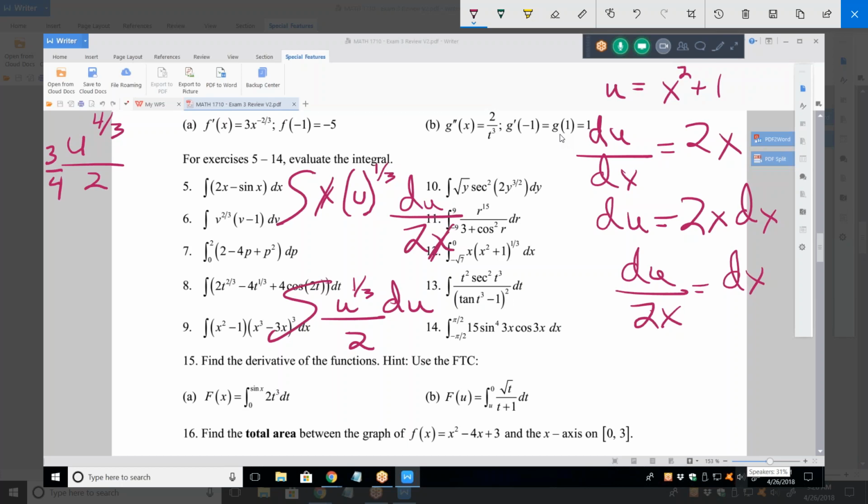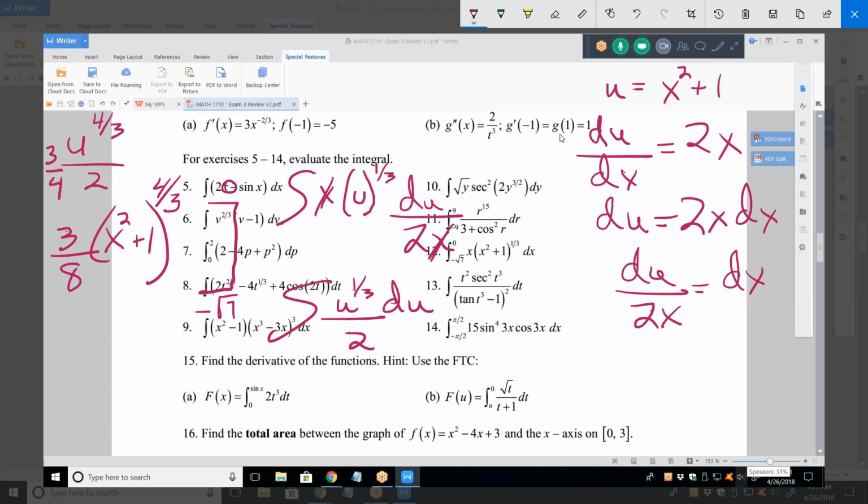Now the next step is to resubstitute. So I've got 3/8. u is x squared plus 1, to the 4/3. And I can now evaluate that at the same limits, minus √7 to 0, as on the original integral.